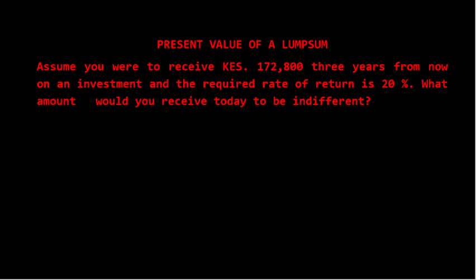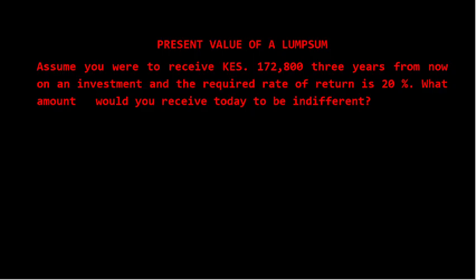What that means to be indifferent is, what is the equivalent of 172,800 to be received in 3 years' time? What is the equivalent right now if the required return is 20%? So that if you receive it right now, then you don't have to wait for 3 years. So how do we proceed to answer this question?